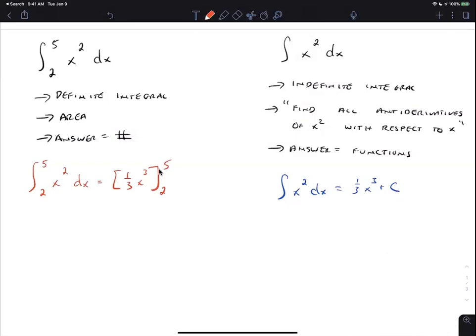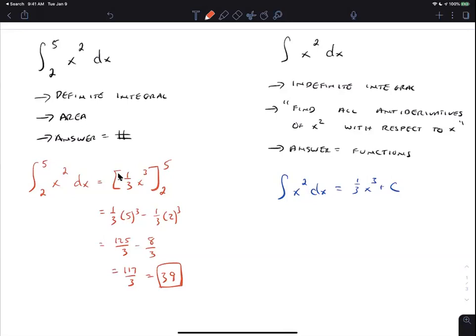And now what that means is you do f of 5 minus f of 2, meaning I plug in 5, plug in 2, and subtract like we did above. And so we get 125 over 3 minus 8 over 3, which is then 117 over 3. And then, man, that's weird, but it reduces. So then you get 39, I think, if I'm good at math in my head. But does everybody follow that? Any questions?